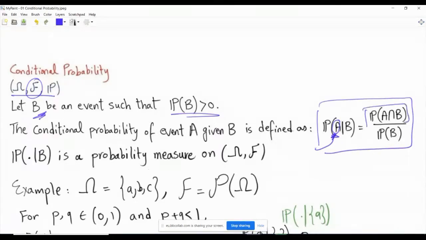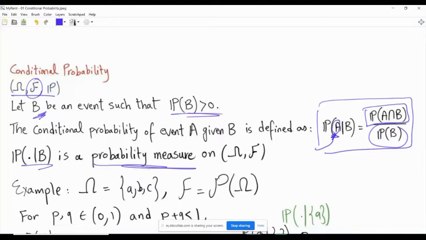We compute the probability of A intersection B, and this is guaranteed to be in the sigma algebra with a well-defined probability, because if A and B are in the sigma algebra, then the intersection is in the sigma algebra. And then we divide by the probability of B, and that's the reason we insist that the probability of B is strictly positive. Okay, so this operation here will result in what we proved last time to be a new probability measure.